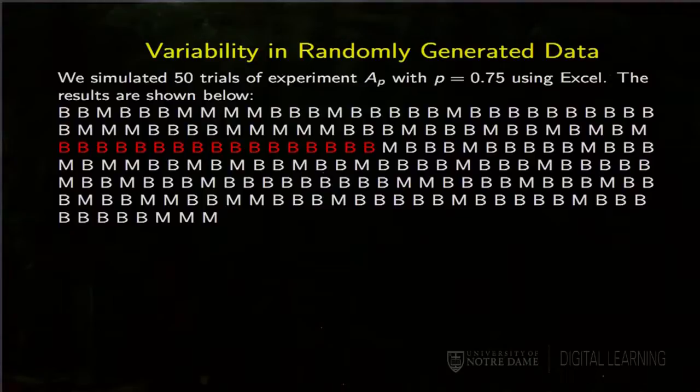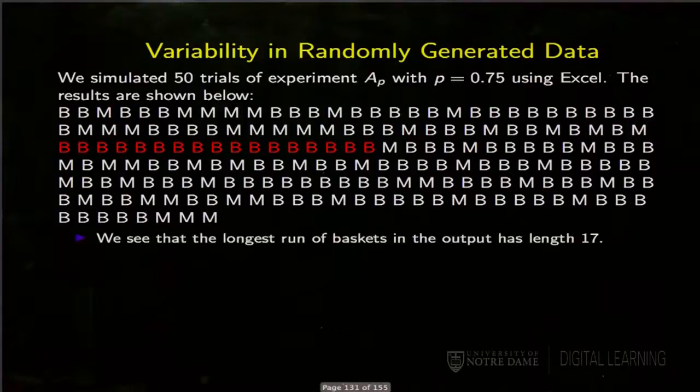So I generated data for 50 trials of experiment AP, a basketball player with a 75% chance of getting a basket on every shot, who keeps taking shots until they miss, and then one trial is over. Here's our data for a simulation of 50 trials. I've highlighted the longest run of baskets in the output, and it has length 17.